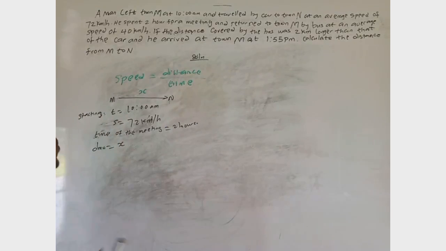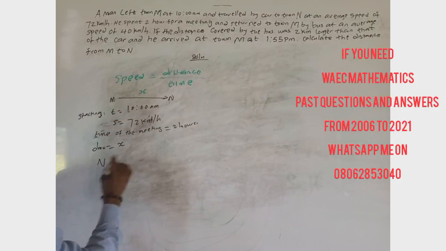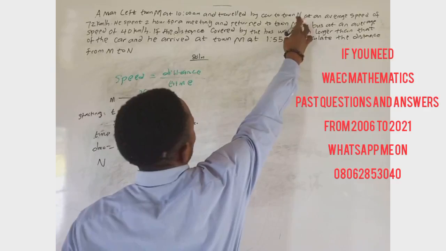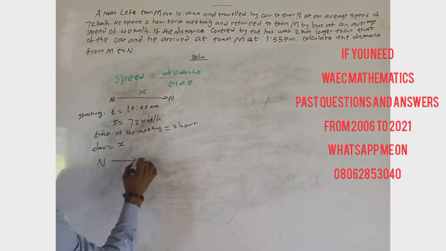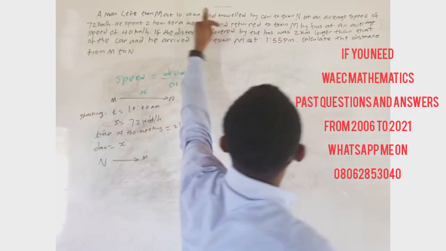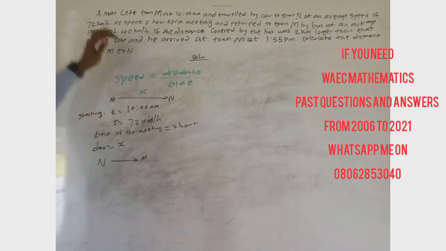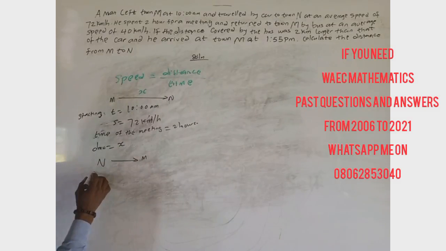Now let's calculate the distance for when he travels back, from N to M. We are given that he returned by bus at an average speed of 40 km per hour.